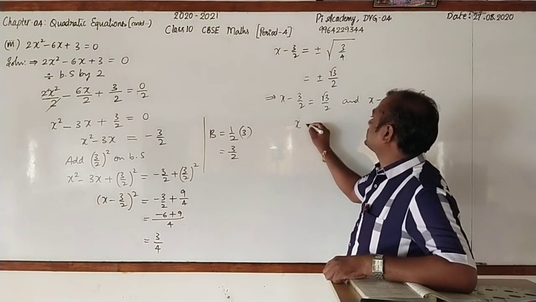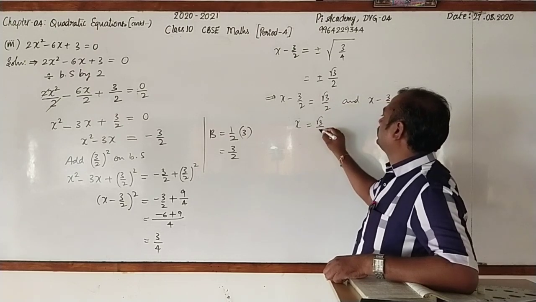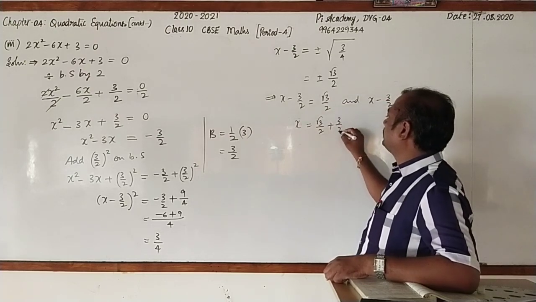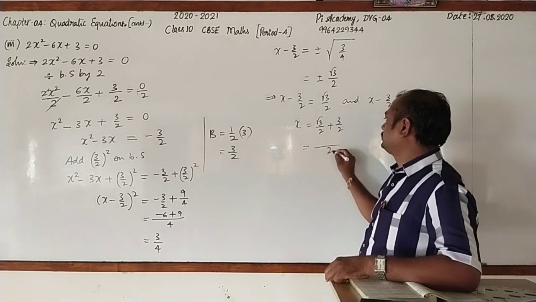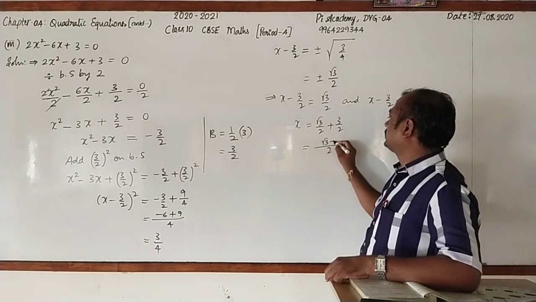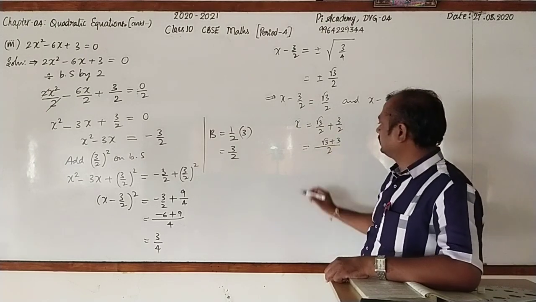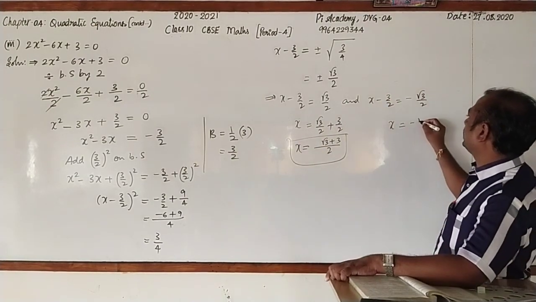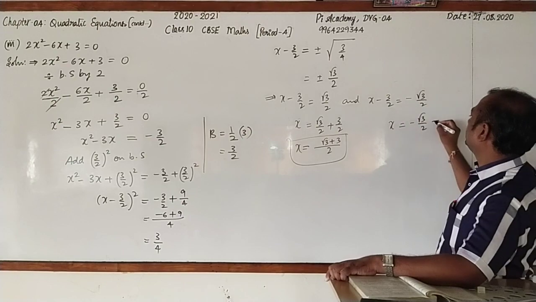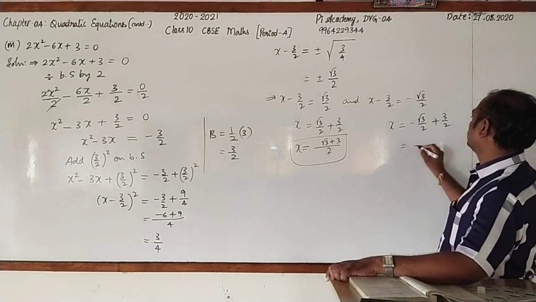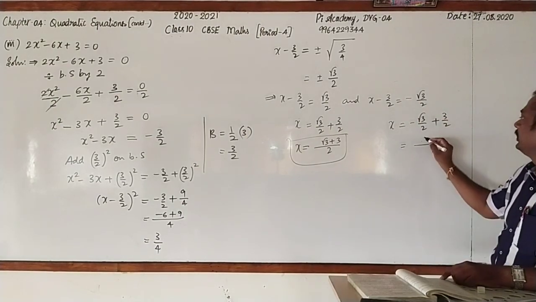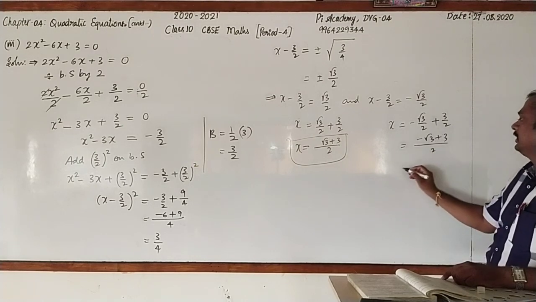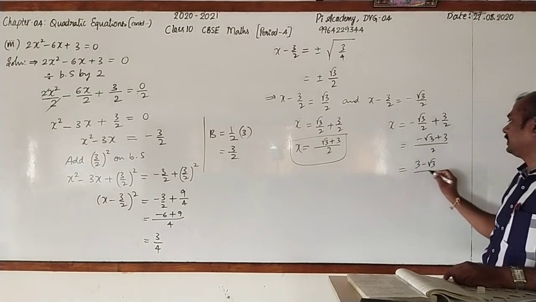It is x equal to root 3/2 plus 3/2. LCM is 2, so this will be (root 3 + 3)/2. Then x is equal to minus root 3/2 plus 3/2. LCM is 2, so (−root 3 + 3)/2, which can also be written as (3 − root 3)/2.